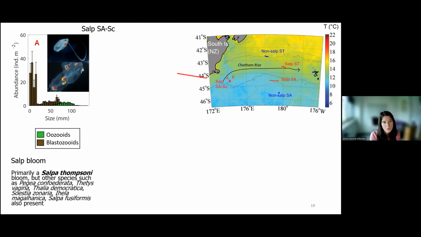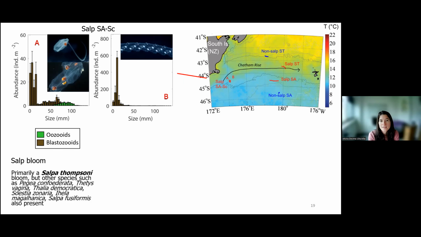You can see in the early part of our very first cycle, we had lots of small blastozoids, intermediate blastozoids, and we also had a noticeable part of the community that were oozoids, which later on in that same cycle, because we had such high production of really small blastozoids, compared to the fact that we didn't have that many oozoids, we can see a shift in the composition of the life history stage.